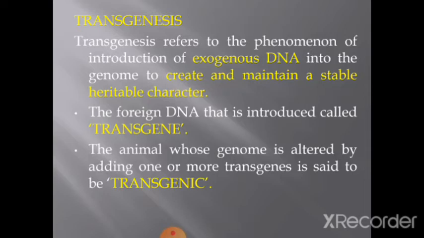You are going to add the exogenous DNA through RDT experiments, and once the experimental animal gets this gene imbibed into its genome, then the transgenic mouse what you have produced is no more the wild type, but it has acquired one special character or two special characters depending upon how many transgenes you have introduced, and now the animal is said to be transgenic. We don't say wild mouse, we say transgenic mouse.